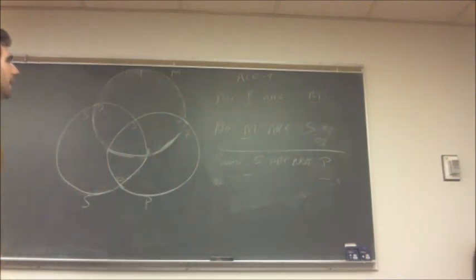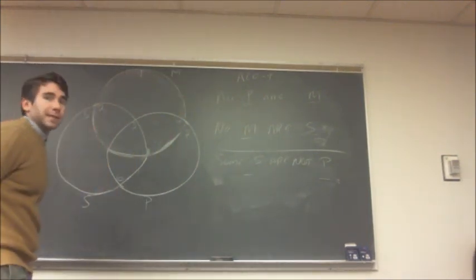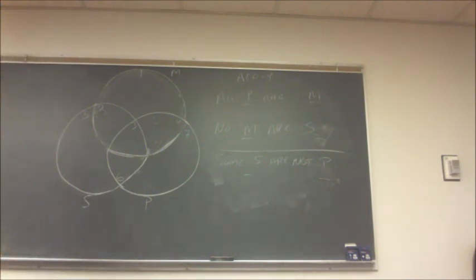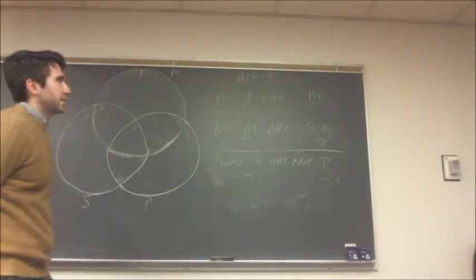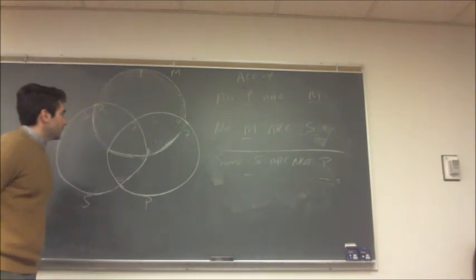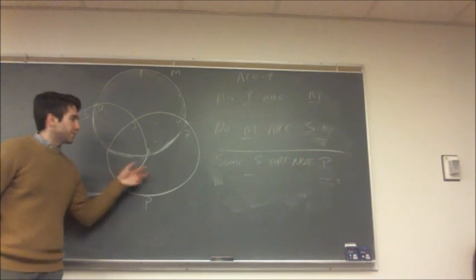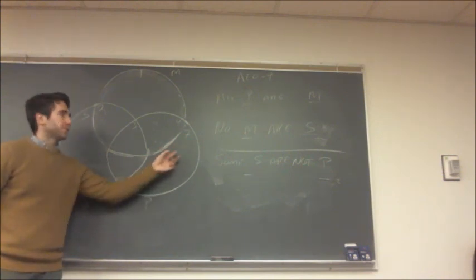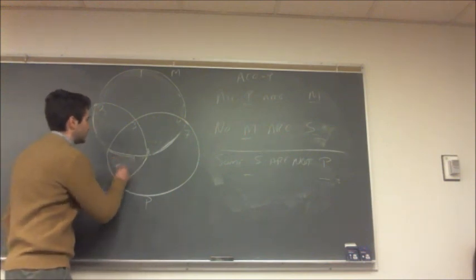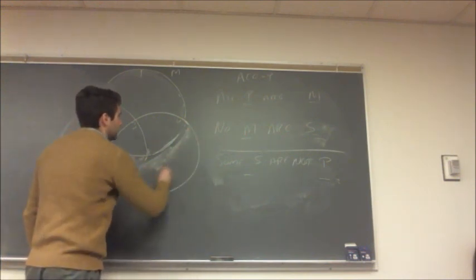So let's diagram this extremely quickly. All P are M. We want to shade the parts of the P circle that don't overlap the M circle. So what is that going to be? Well, it's going to be 6 and 7. So shade 6 and 7.